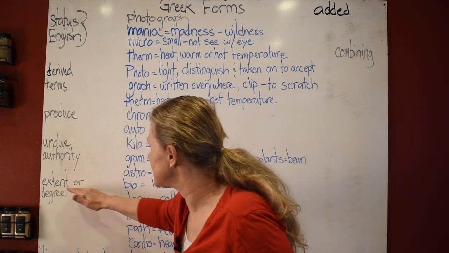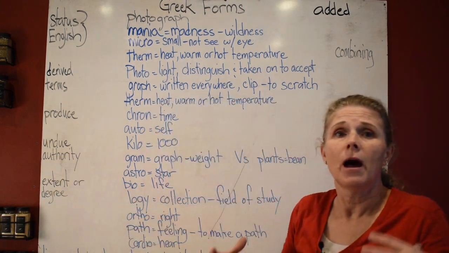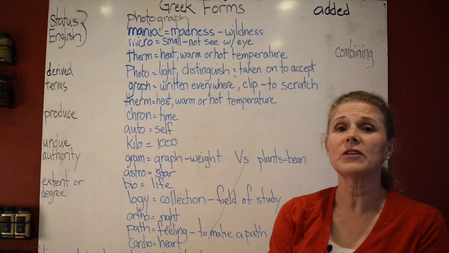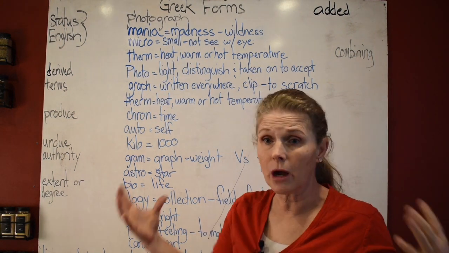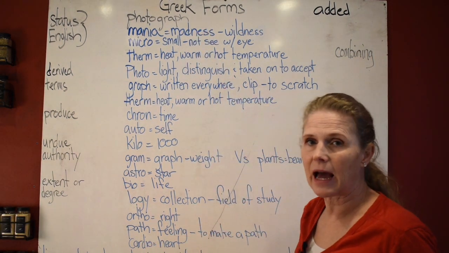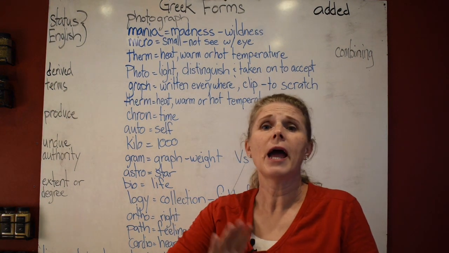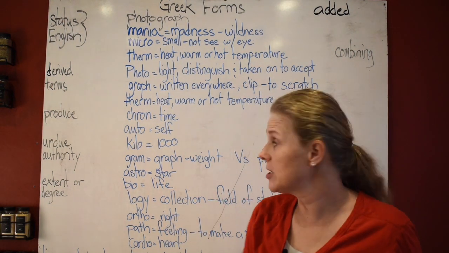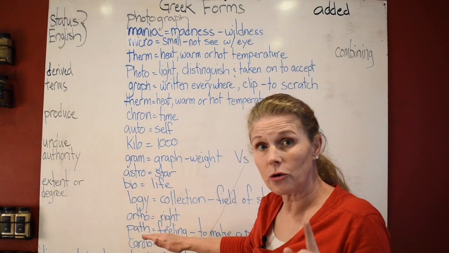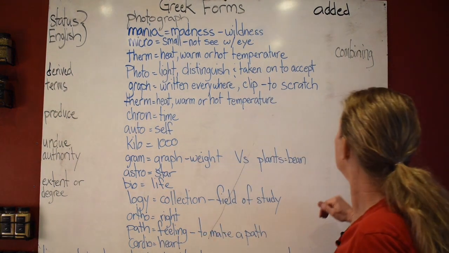You're going to have an extent or degree, things that are more in the science, medicine, math. This will extend that in leaps and bounds. It'll make your spelling better and your reading much better if you memorize your Greek combining forms.